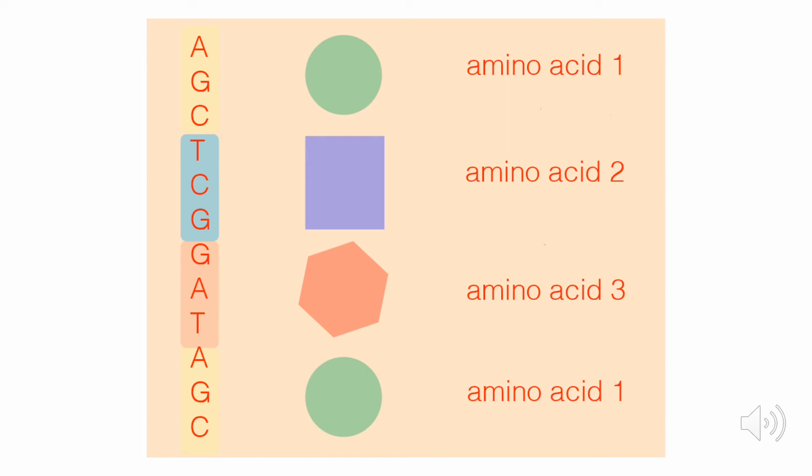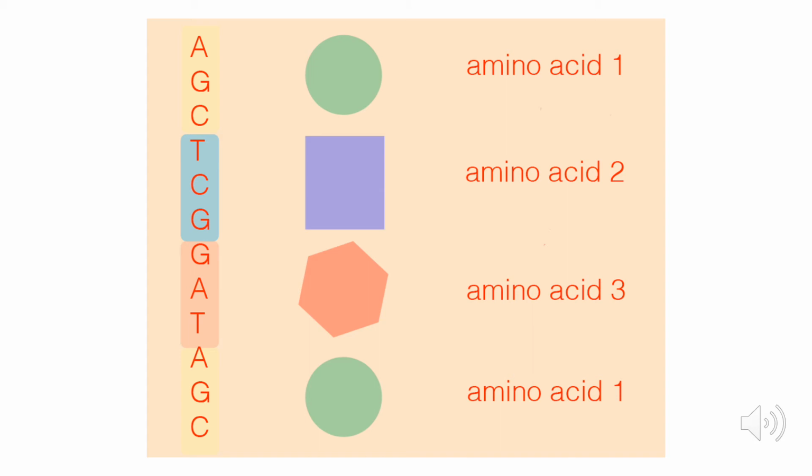The DNA code tells the cell which amino acids to join together in which order. A set of 3 nucleotide bases in the DNA codes for 1 amino acid. Proteins can contain hundreds of amino acids, so many nucleotide bases code for each protein.